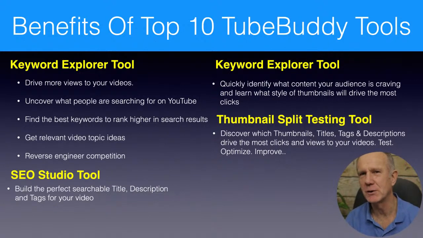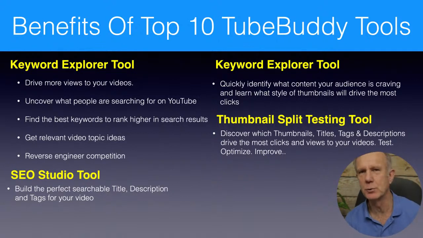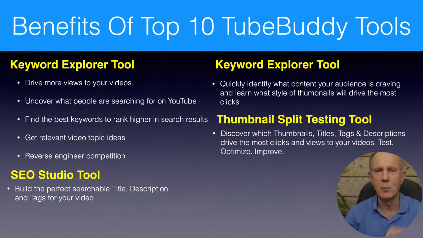So the split testing tool helps to quickly identify which thumbnail is going to get the most clicks, not based upon emotion, but based on data, like click-through rate and traffic. Then we've got the SEO Studio tool, which helps to quickly optimize the title, the description, and the suggested tags from TubeBuddy, and you can just quickly add them all.